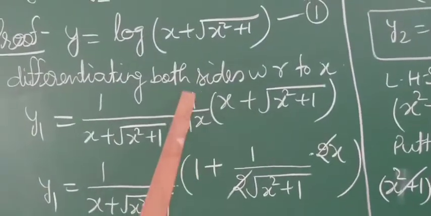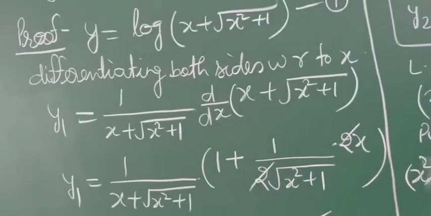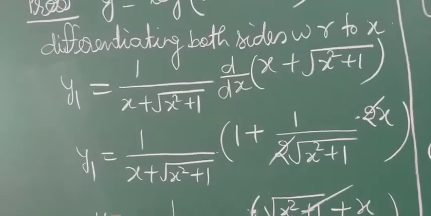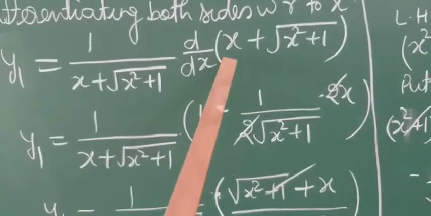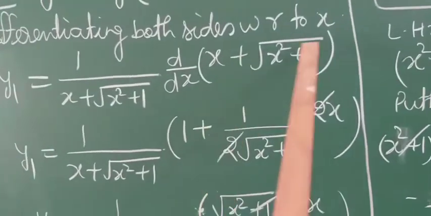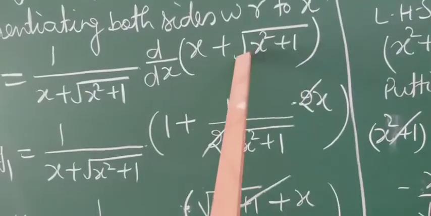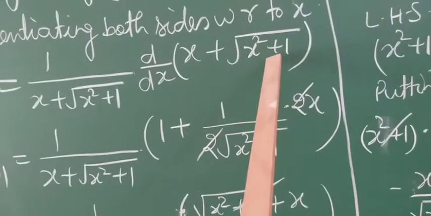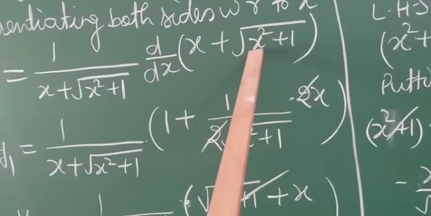Now the derivative of x plus root x square plus 1, by using chain rule, student. So y1 equals 1 upon (x plus root x square plus 1), derivative of x is 1, and derivative of root x, students, earlier I told you we can write directly here: root x derivative is 1 upon 2 root x. So this whole part is supposed as x.